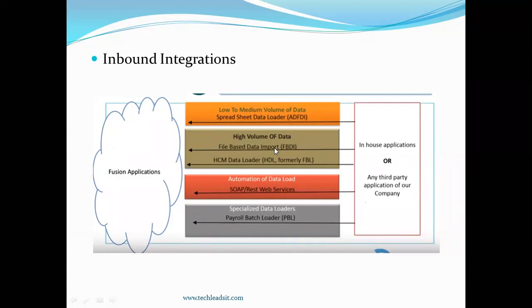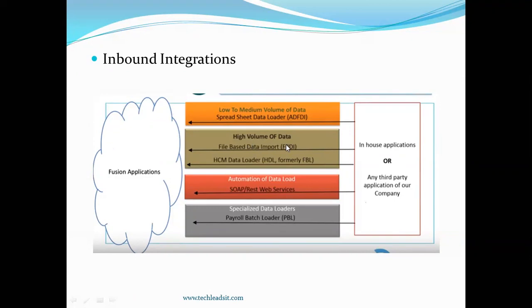For example, if you want to push journals data or invoices data or contracts data, these journals, contracts, and receivables, whatever these are, we call them business entities. A journal is a kind of business entity. AR transactions are called a business entity.